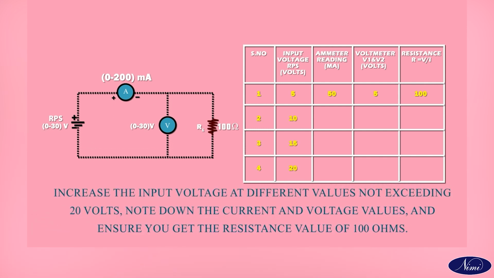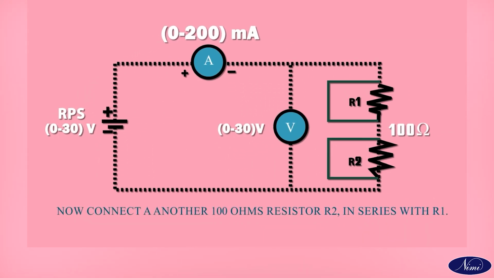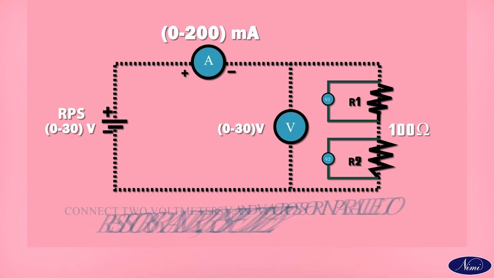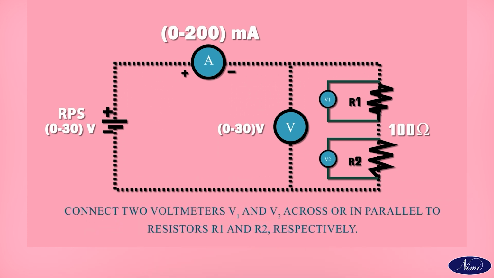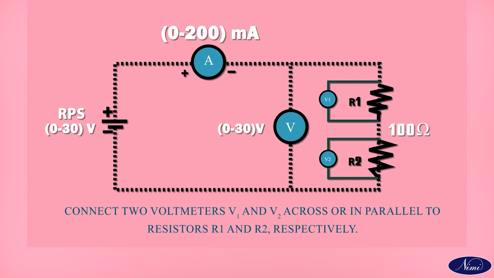Check whether you get the resistor value approximately equal to 100 ohms. Increase the input voltage to different values not exceeding 20 volts. Note down the current and voltage values and ensure you get the resistance value of 100 ohms. Now connect another 100 ohm resistor R2 in series with R1. Connect two voltmeters V1 and V2 across, or in parallel to, resistors R1 and R2 respectively.